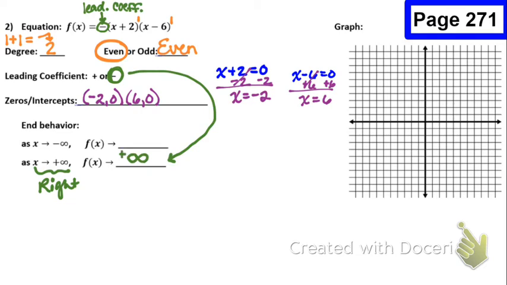It's going to be negative because of the negative leading coefficient. Yep. The leading coefficient always tells me what the right side is doing. So what's the left side doing? Same thing. Why? Because it's even.